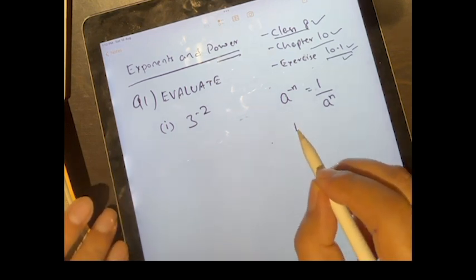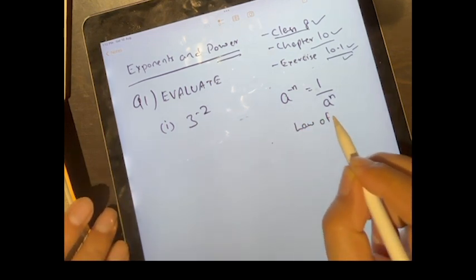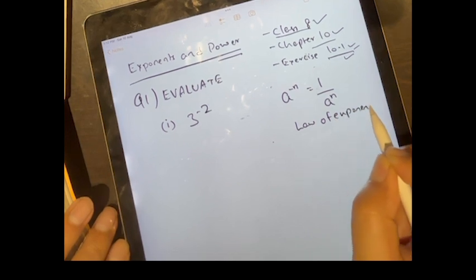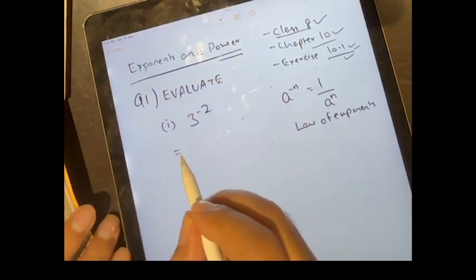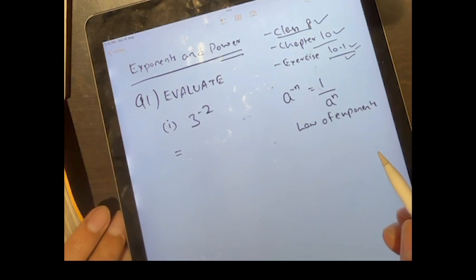And this is basically as per the laws of exponents. So we will apply the same treatment in this particular question as well.